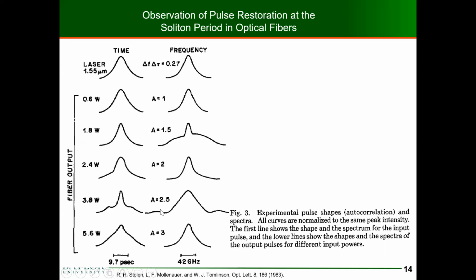This A represents N, actually N in our case. So you could roughly tell that it's three pulses. It was done in 1983, so it's not a very nice picture, but at that time it was already a very good result.